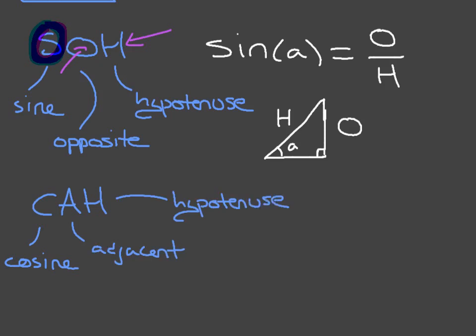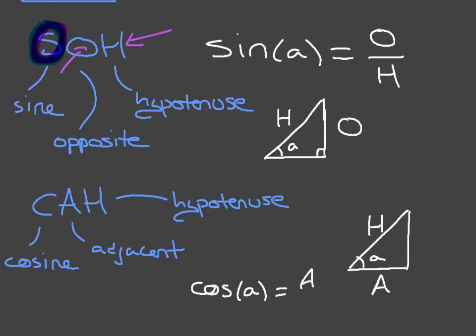And so reading this, when I look at Cah, the first letter is cosine, and that is equal to the second letter divided by the third letter. In other words, cosine is equal to adjacent divided by hypotenuse. So if I draw a right angle triangle here, the cosine of this angle A is equal to the adjacent divided by the hypotenuse. And that's cosine of A is equal to A over H.